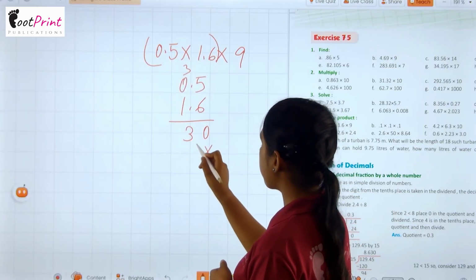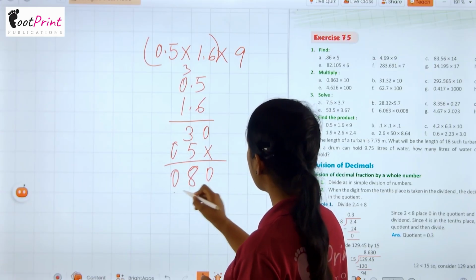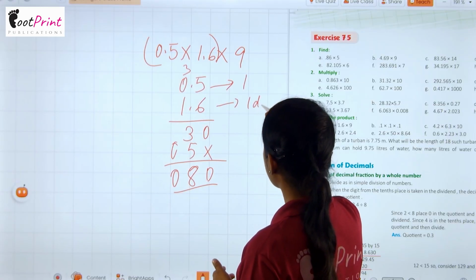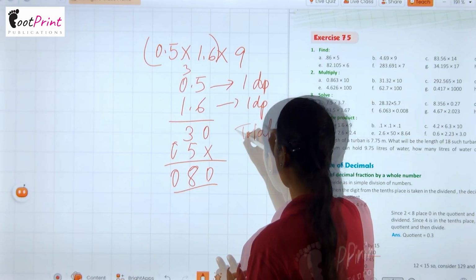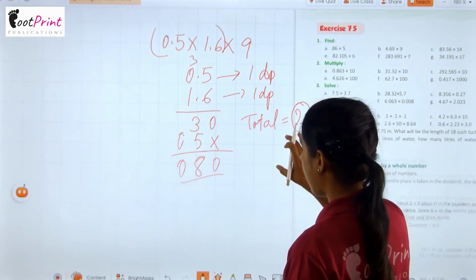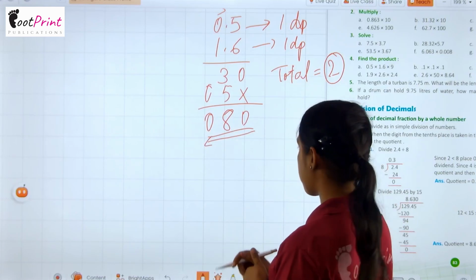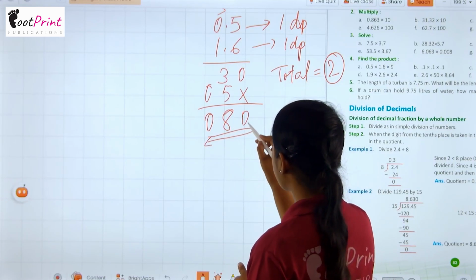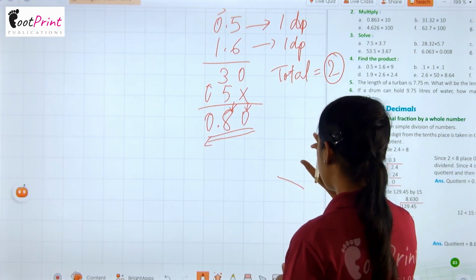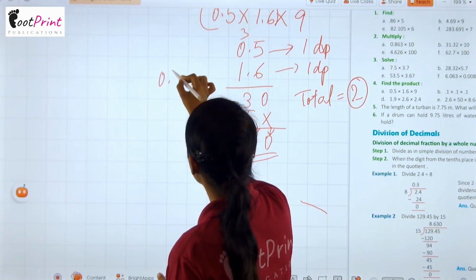Here 1 5s are 5 and 0. We get 8, 0. And now we count the decimal places. Here 1 and here also 1 decimal place. Okay, and the total decimal places will become 2. So now we put the decimal after 2 places from right to left. So here 1 and 2, here we put the decimal.